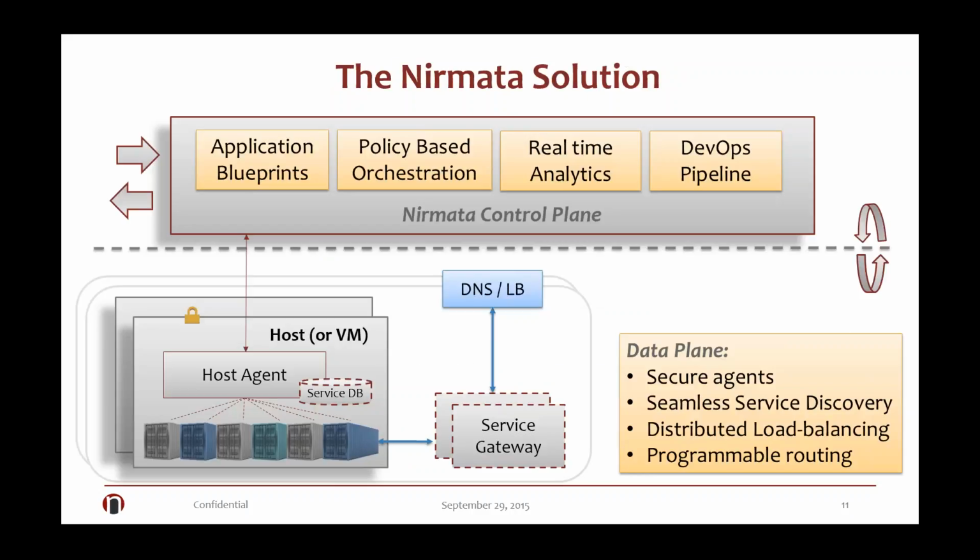A little bit more detail on the Nirmata solution. At the architecture level, we think of this as having 2 high-level components. We have our management and control plane, which you interact with using a web browser or using REST APIs. And this is where developers can easily define application blueprints.